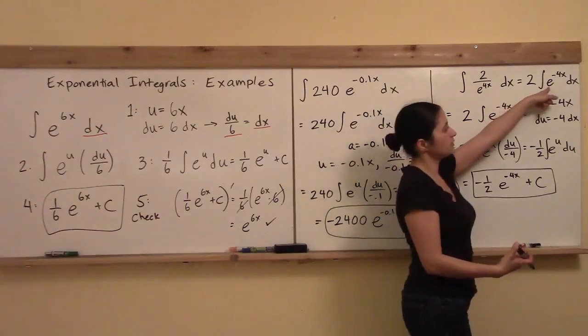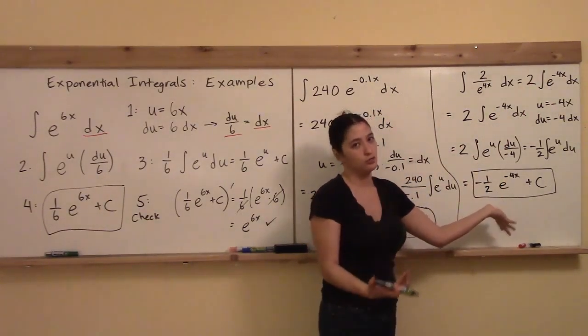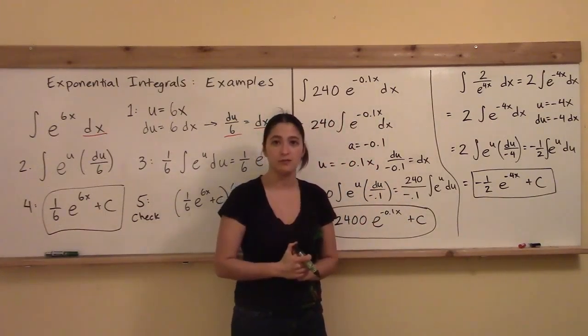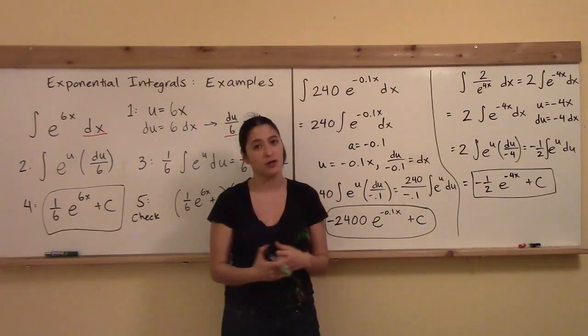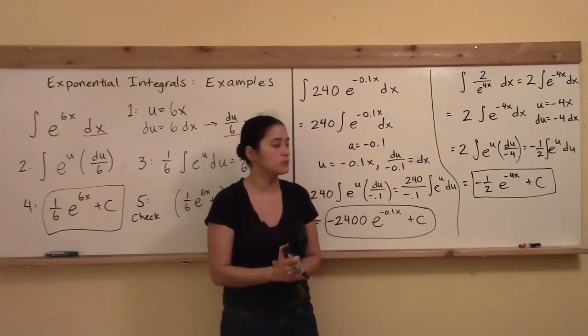This was an e to the minus 4x, and sure enough, its integral is e to the minus 4x. Its derivative has e to the minus 4x. So whenever you're working with an exponential function, keep in mind that the derivative and the integral of that exponential function will all share the same growth rate as the original function.